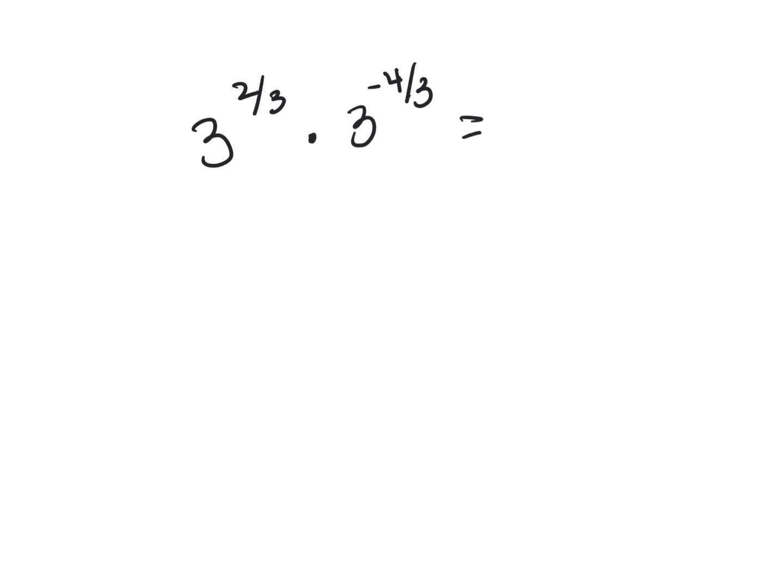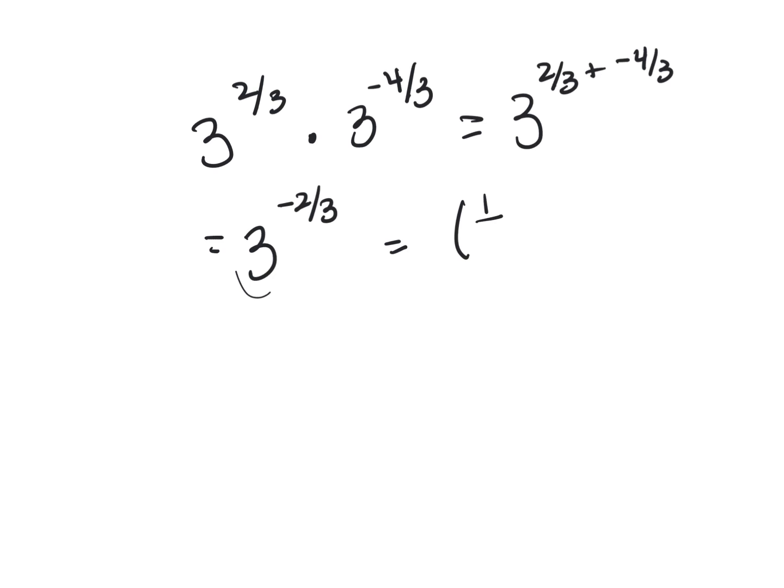Remember that if they have the same base, you can just add exponents. So the answer to this would be 3 to the 2/3 plus negative 4/3, which would just be 3 to the negative 2/3. Remember, negative doesn't have anything to do with the base. It has to do with the reciprocal of the base.